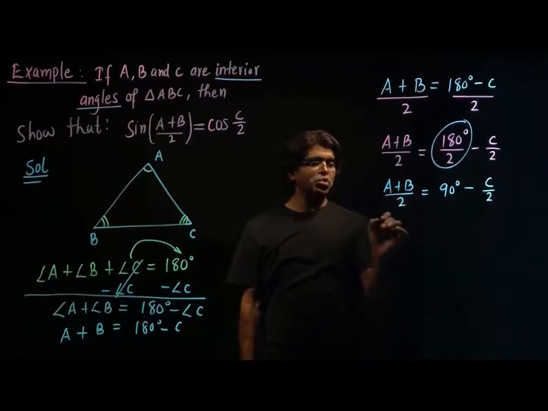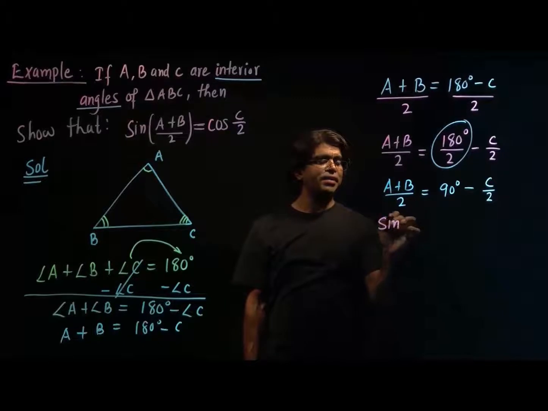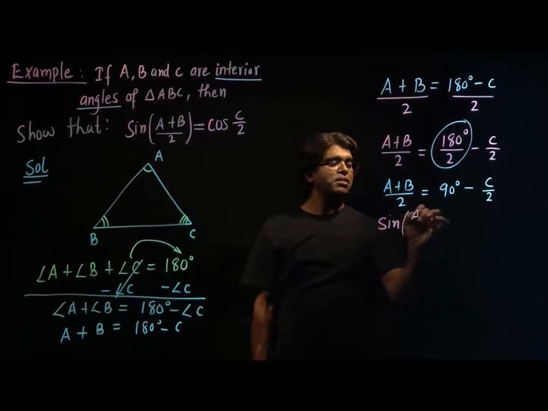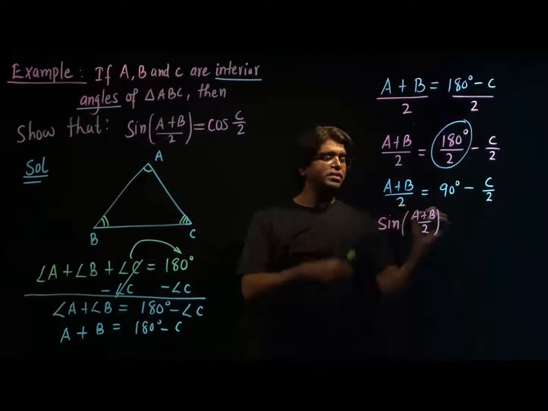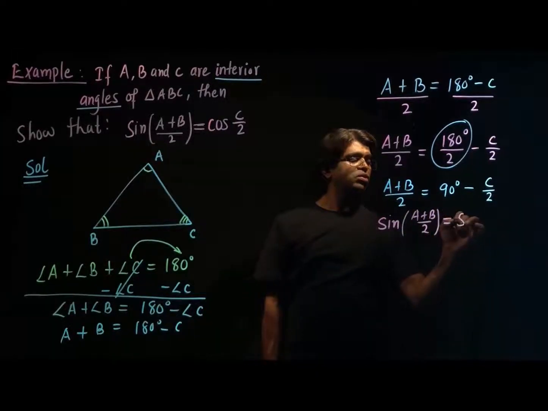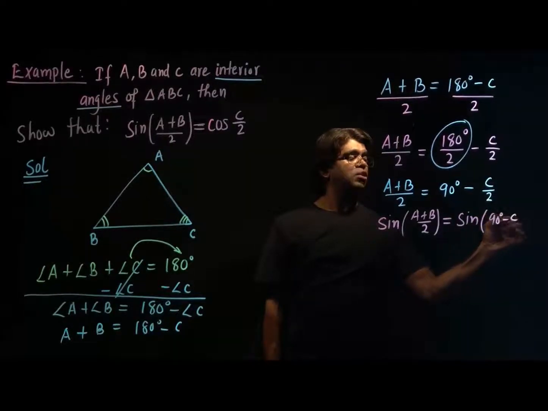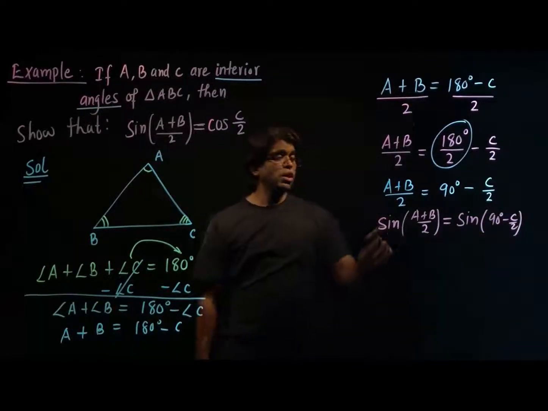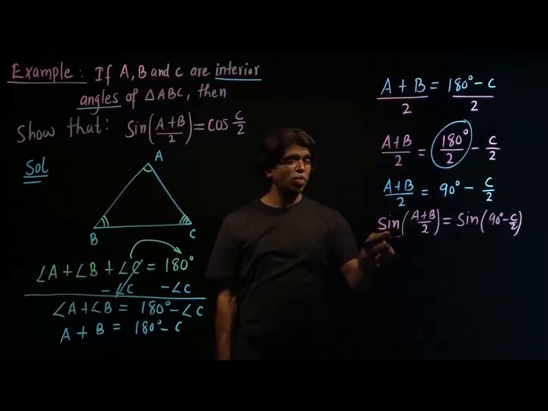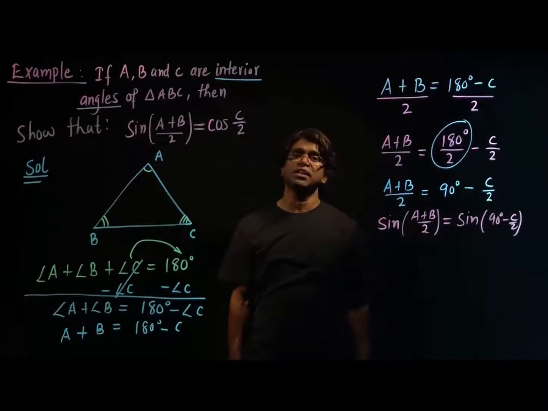So I need to write this as sine (A plus B) over 2 is equal to sine (90 degrees minus C over 2). Since we are taking sine on one side, we need to take sine on the other side too.